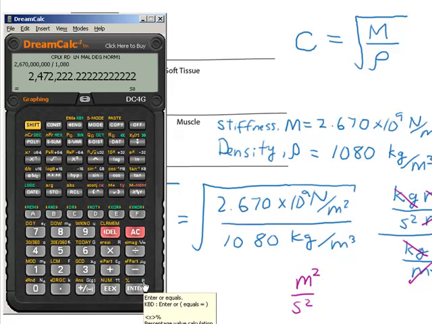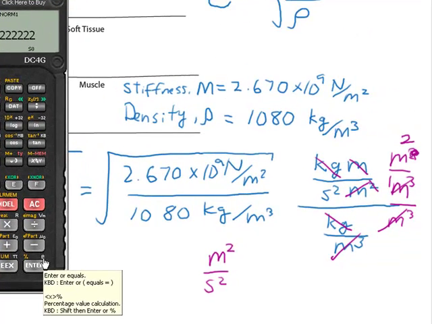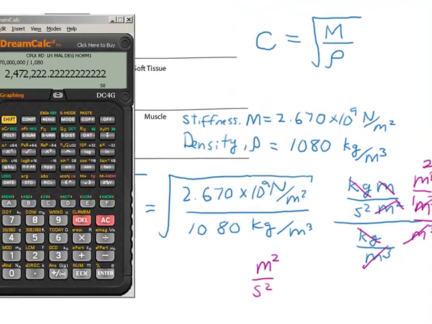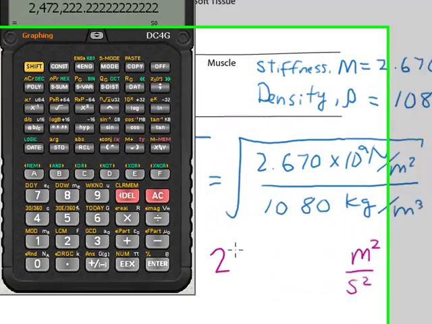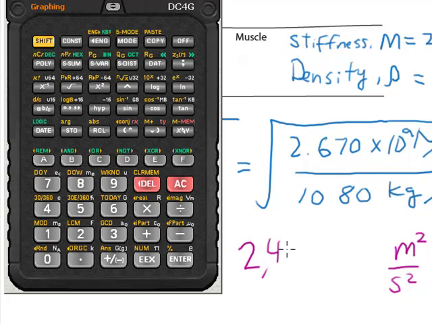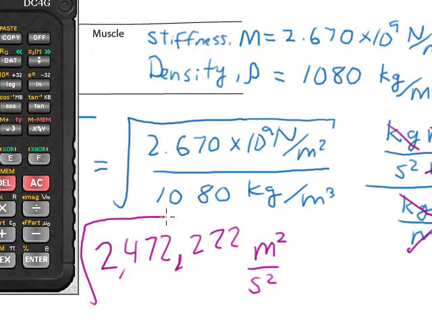Enter. So this comes out to be 2,472,000 and a few twos here, which we'll sort out later.